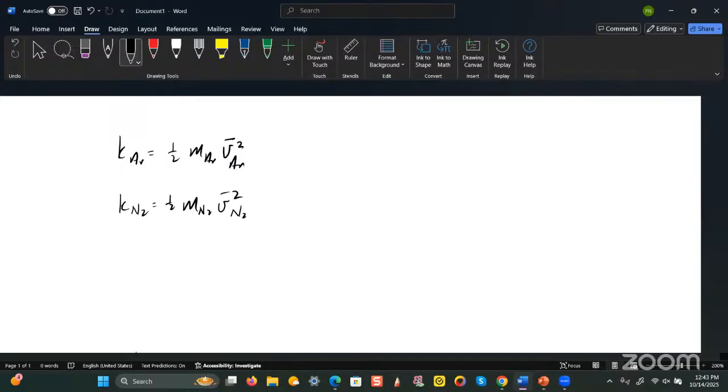So as I was saying, at the point of thermal equilibrium, the kinetic energy of argon will be equal to the kinetic energy of nitrogen, right?